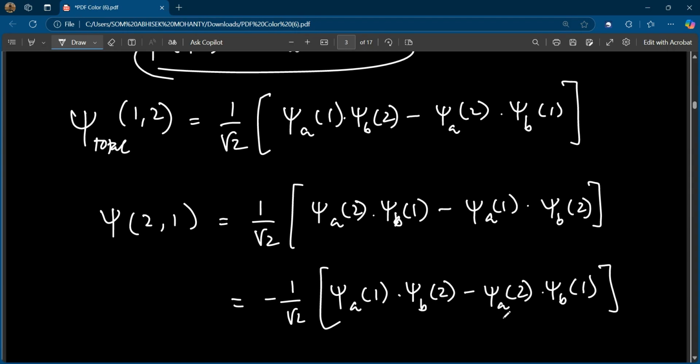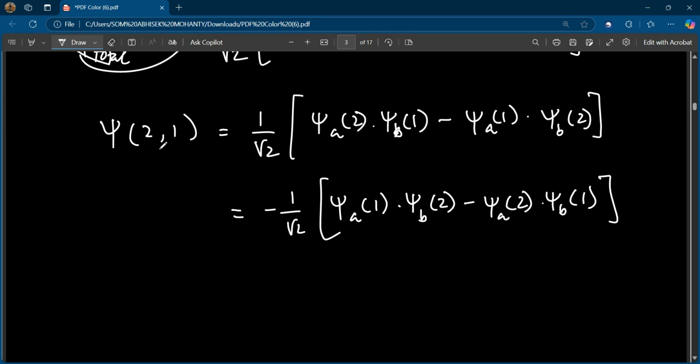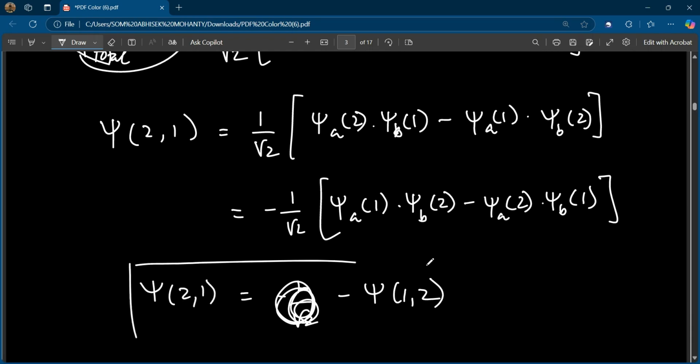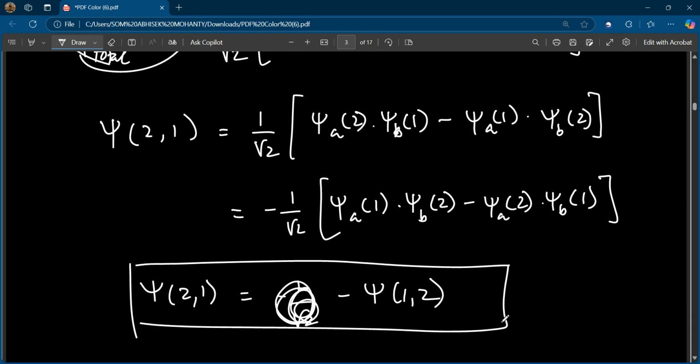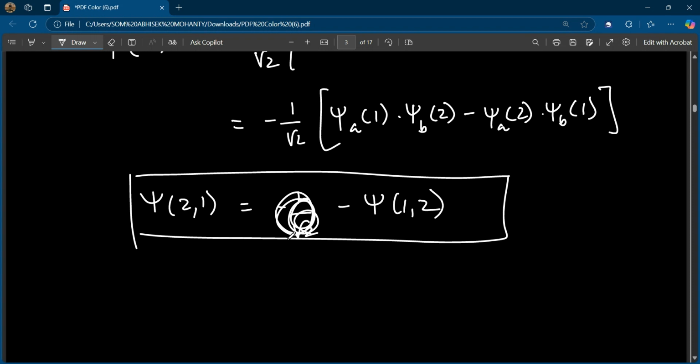So this is the first wave function, and the second, after interchanging the symbols, has a minus sign. This is called the anti-symmetric wave function. If I interchange the numbers and get it negative, this is an anti-symmetric wave function. So whenever we get a minus, anti-symmetric, we know that this is a fermionic system.